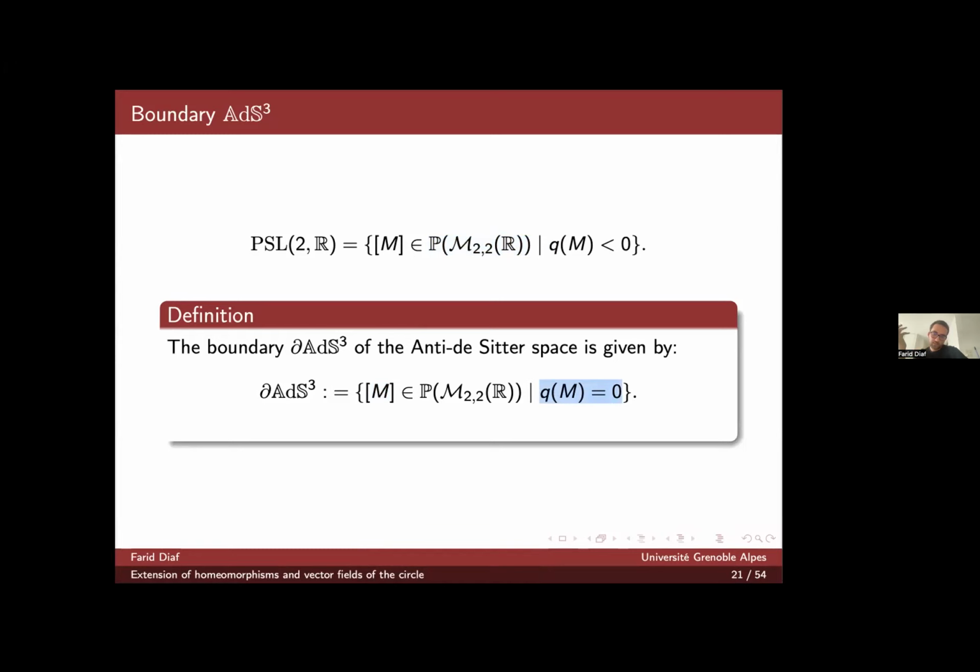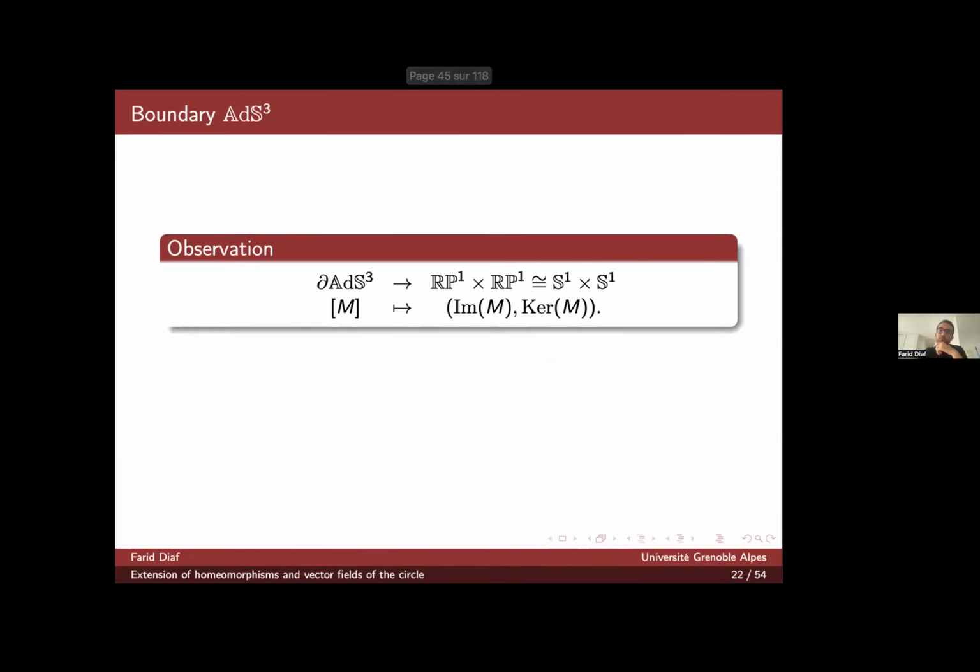But what is this space? You have a matrix of determinant 0, which is non-zero. So this is rank 1 projective matrices, because in projective space, 0 does not give you a line. So M is non-zero. And so what is this space? The observation that one can make is the following. For each M like this, you associate a rank 1 projective matrix.